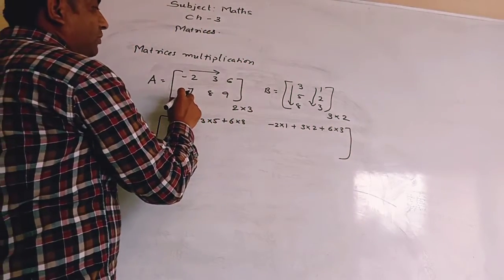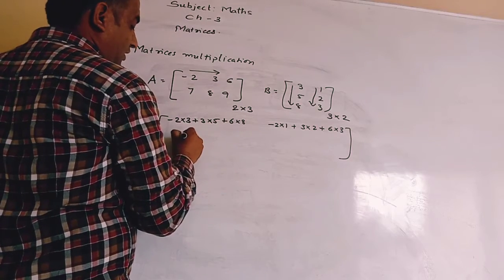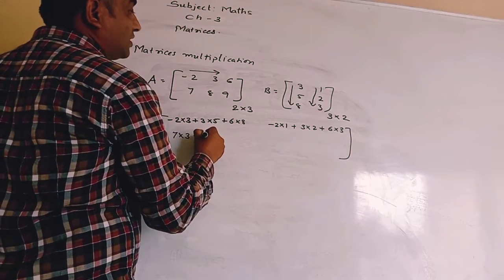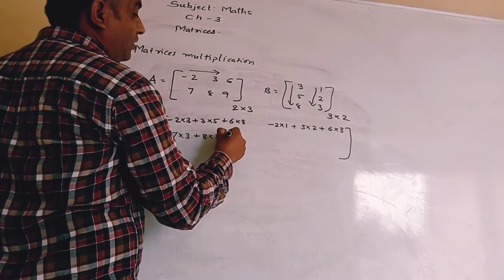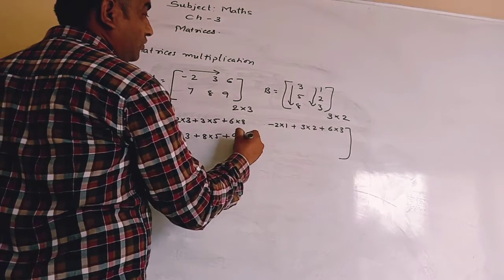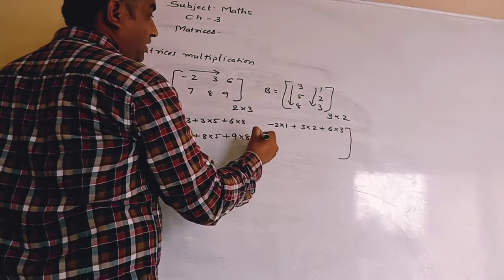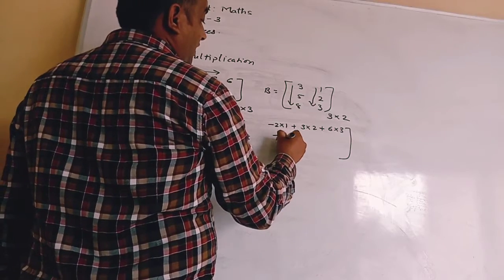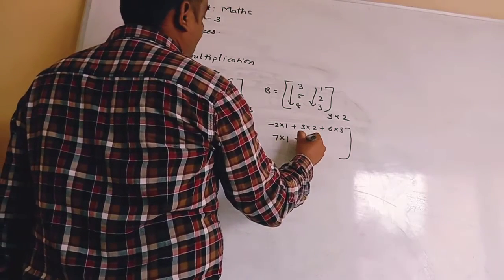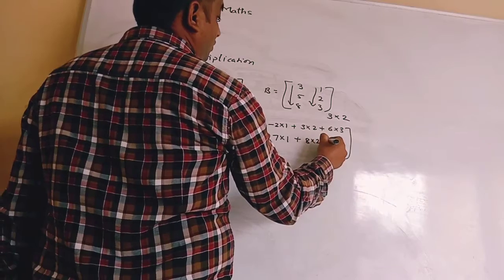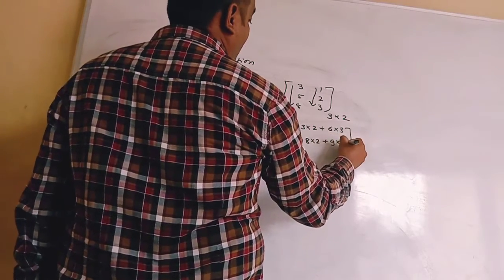Again, second row, 7 into 3 plus 8 into 5 plus 9 into 8. And 7 into 1 plus 8 into 2 plus 9 into 3.